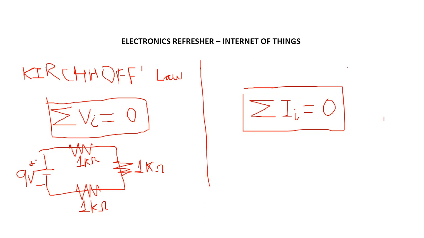The sum of all the voltages in this loop is going to be equal to 0, and the sign is going to be plus or minus because the current is going to follow that direction.